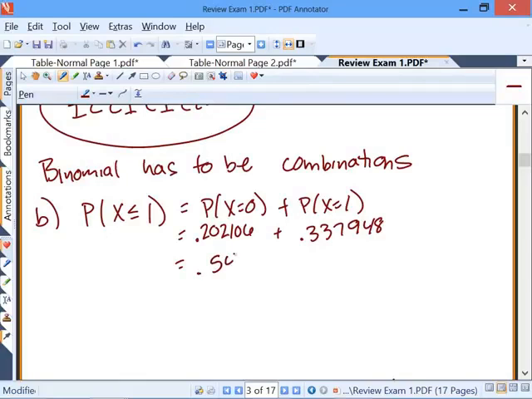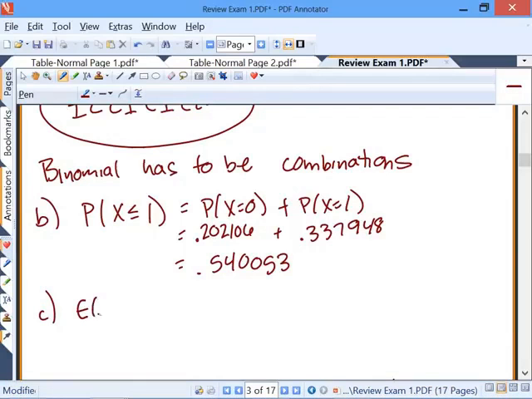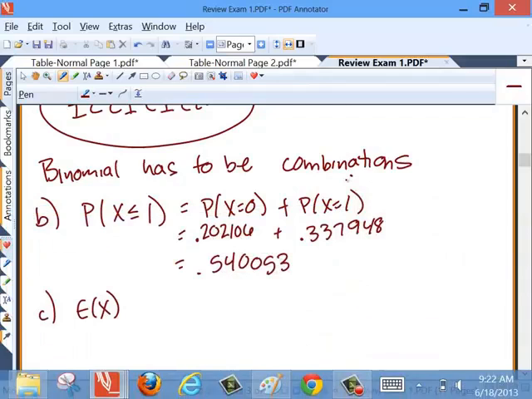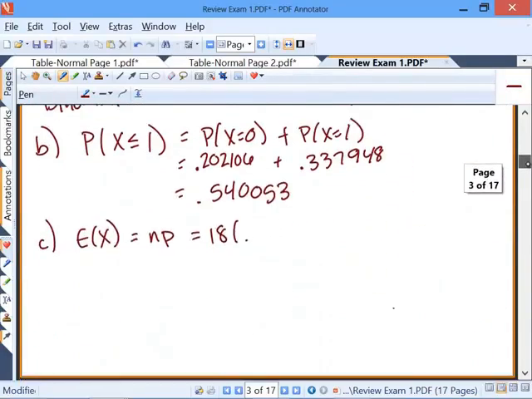So 0.540053. And for C, other things I might ask you is what is the expected value, or what is the mean number of chips, or the expected number of chips? For the binomial, remember there's the formula n times p, which you'll want to have written down on your sheet. So n is 18, p is 0.085.